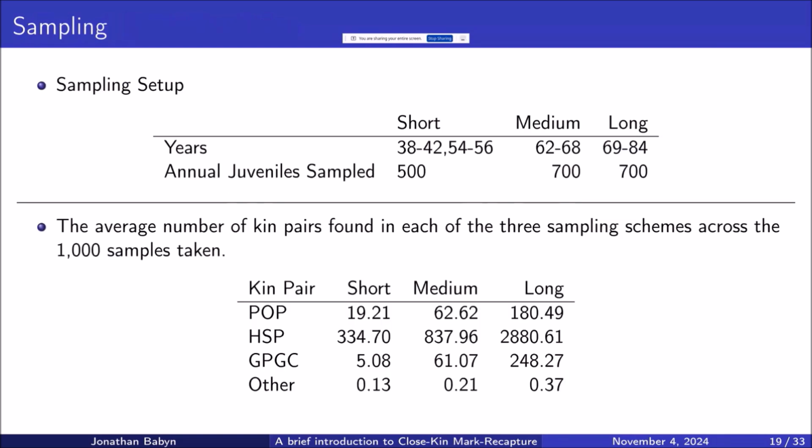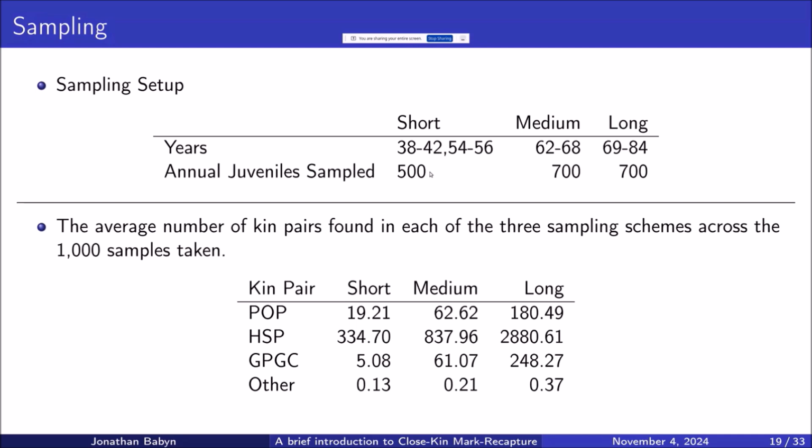And so the way this sampling was set up is that I had three different sections. The short-term sampling scheme is meant to resemble the existing samples that I mentioned already exist, where they sampled about 500 juveniles in a year with a gap period between them.